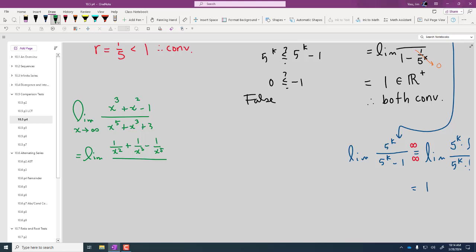We're just distributing a division by x to the 5th, top and bottom, which is multiplying by 1. Does that make sense? Yeah.